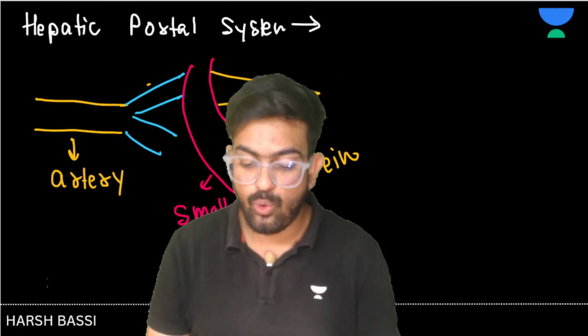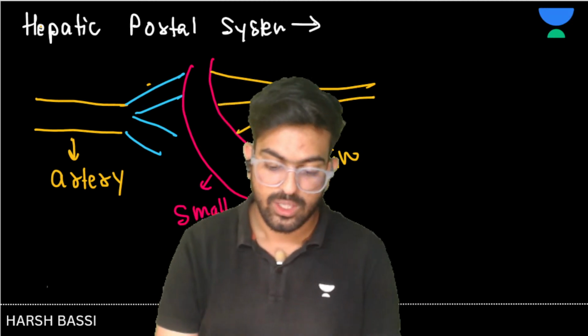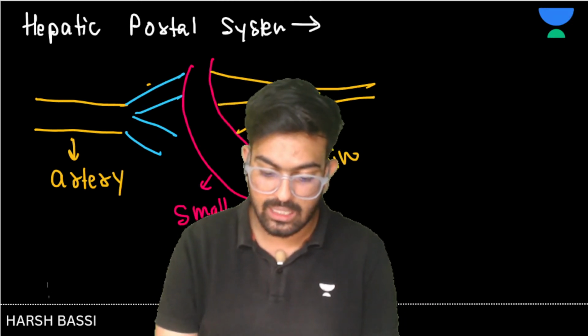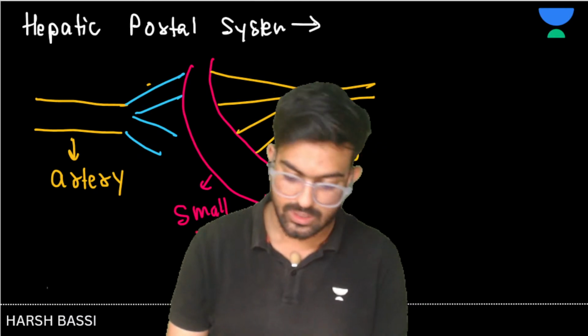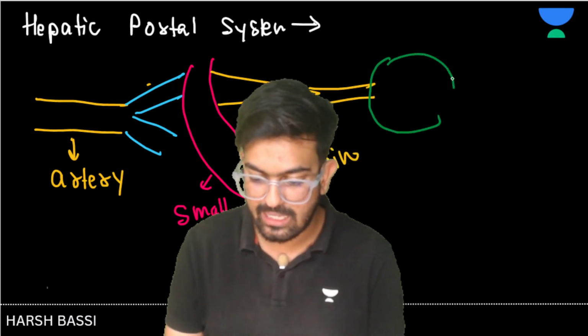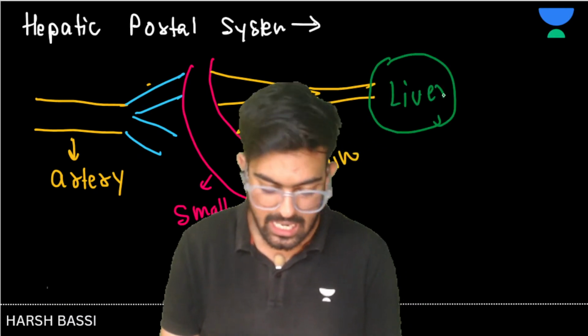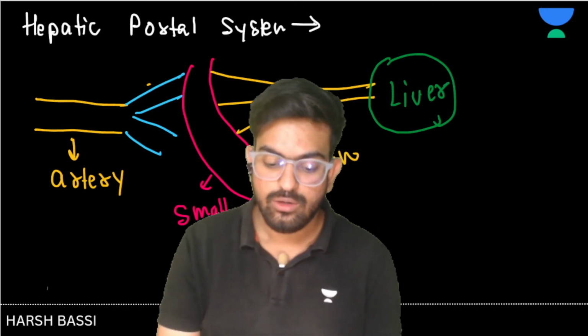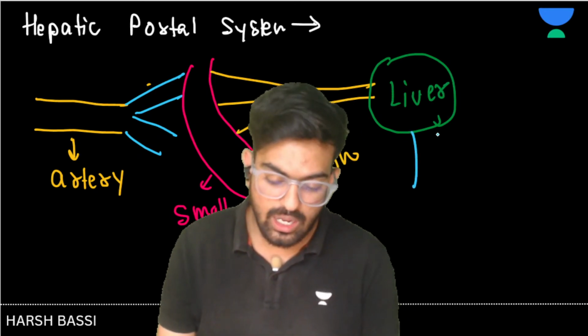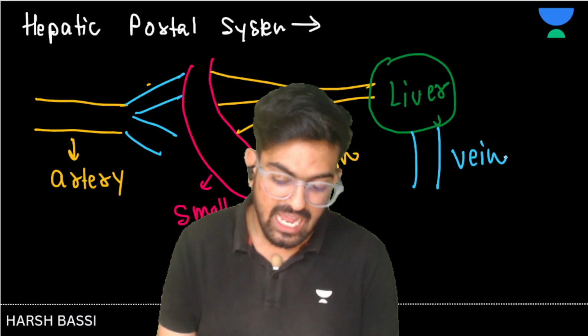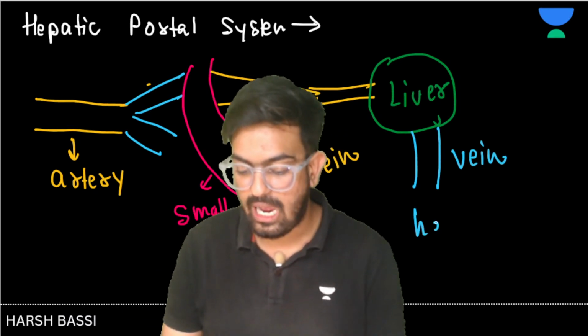Rather, it is opening into the liver. And then from the liver, it again forms a vein, and this vein goes to the heart.